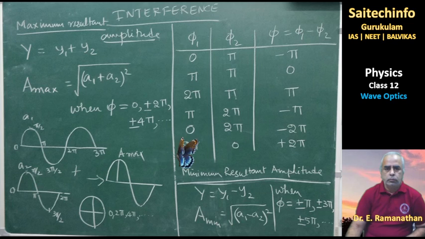Whereas when the phase difference between the two wave trains is plus or minus pi, plus or minus 3 pi, plus or minus 5 pi, that is odd number pi radians, then it results A minimum, that is minimum resultant amplitude, given by the whole square root of a1 minus a2 the whole square, right?